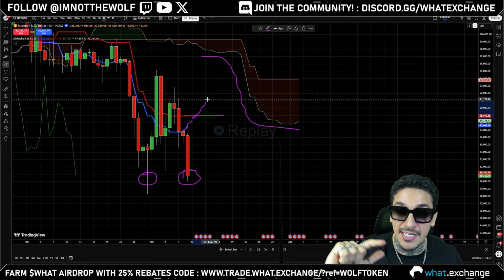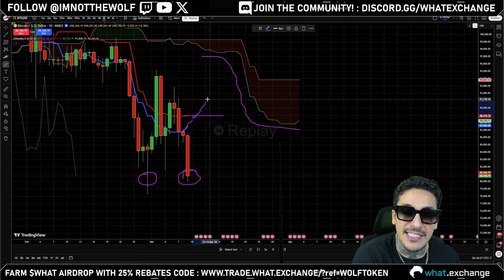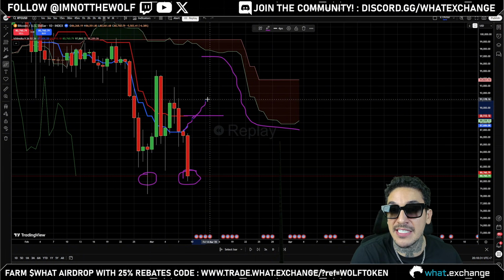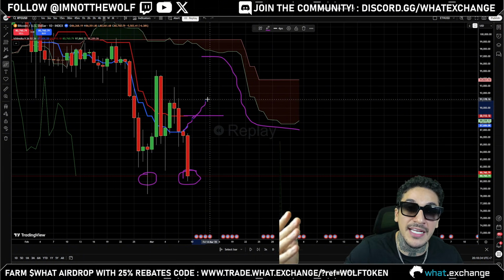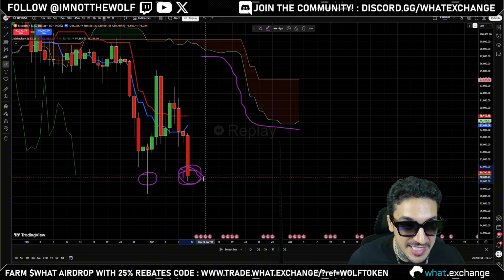That means that the blue line is going to cross over the red line, which would be the very first indicator of a bottom forming and the market pivoting back into bullish territory. So you would want to buy this dip right here.